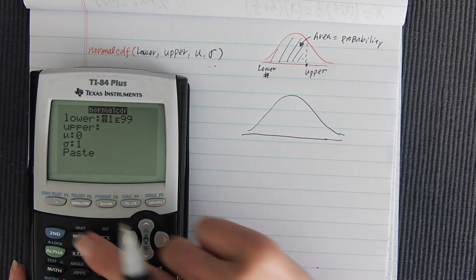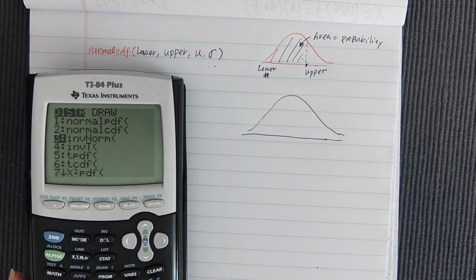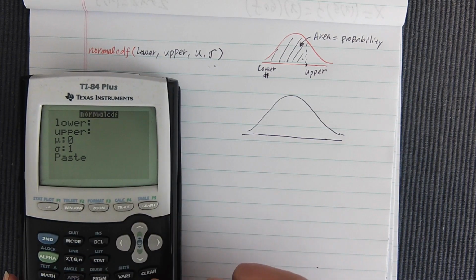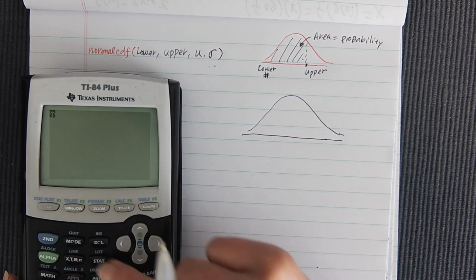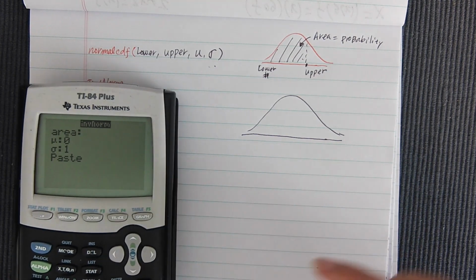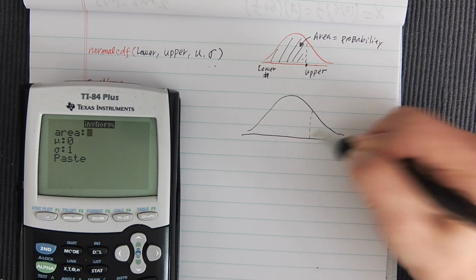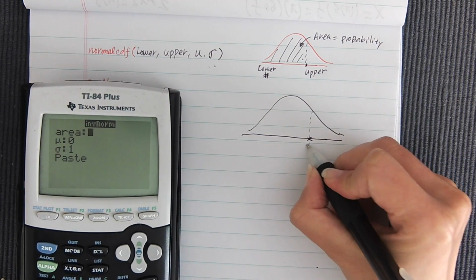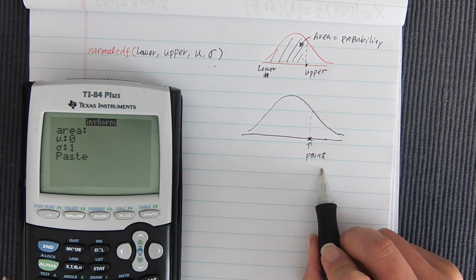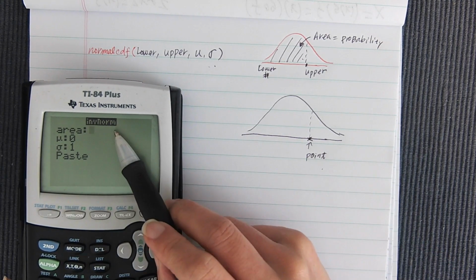Inverse norm is if you want to find a point. If you want to find a point, I need the inverse norm.